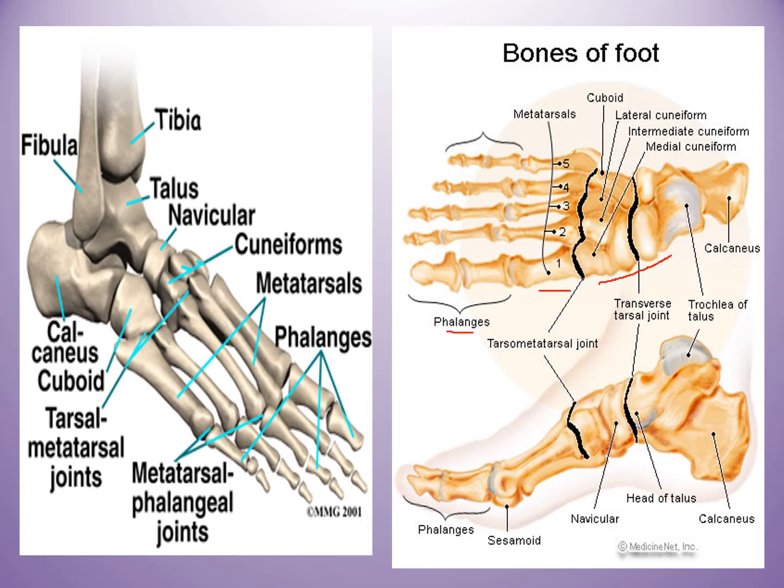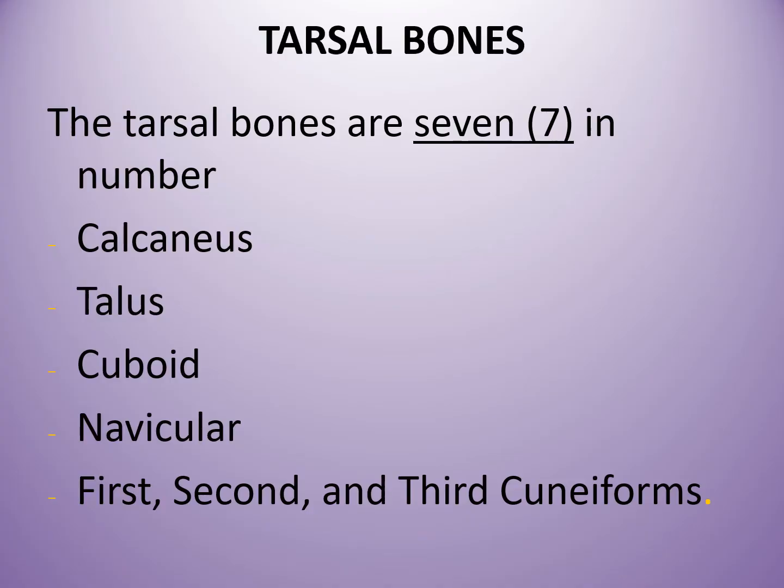The cuboid, talus pun tu tarsals lah, and tarsals here are composed of 7 altogether: calcaneus, talus, cuboid, navicular. Calcaneus ni yang paling besar antara semua tarsals tu, navicular as well as first, second and third cuneiform. So 3, 4, 5, 6, 7 altogether. Sebab cuneiform ada 3 di sini.